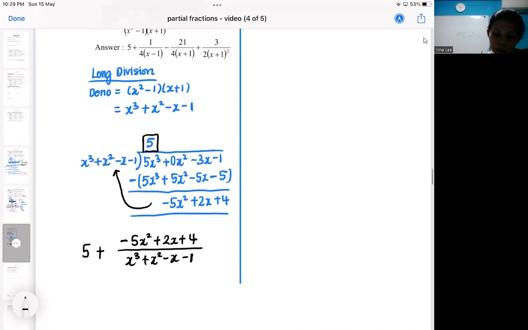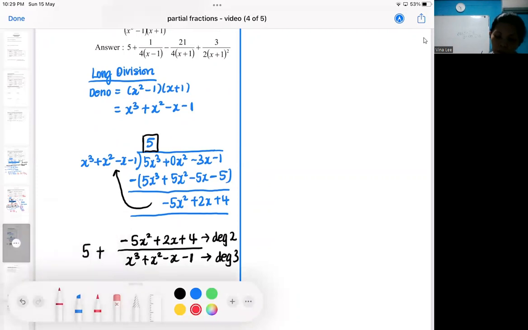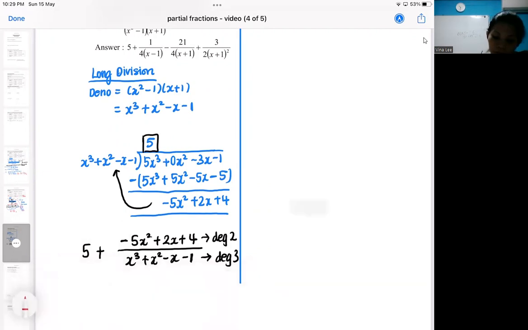So you should be able to see that it is a proper fraction now. Only a proper fraction enable you to carry on with the cases. So right now I can start to think about classifying them. So this is the proper fraction already.